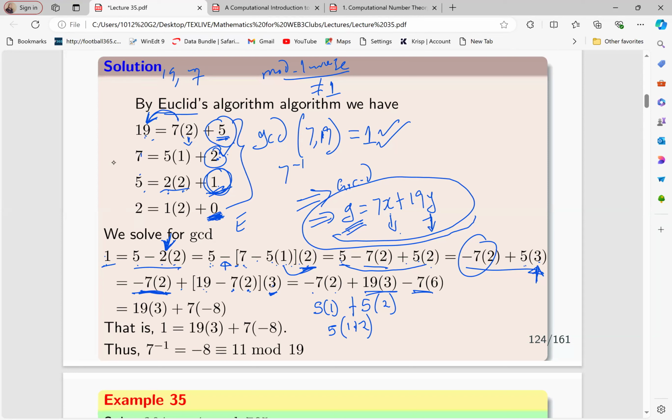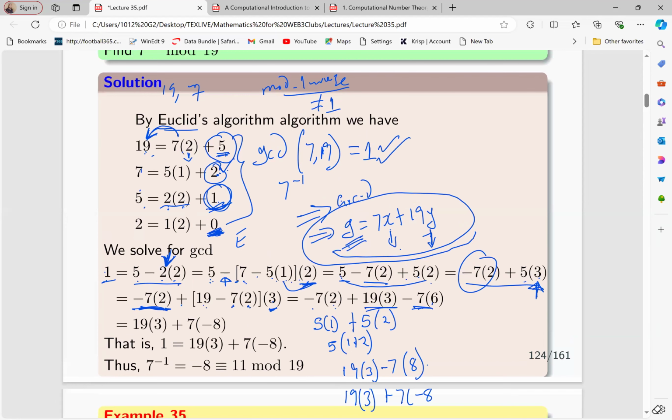You have this 7 and you have this 7, and what is inside the bracket is 2 and 6, which gives us 8. So what we get there is 19 multiplied by 3, and then negative 7 multiplied by 8. But now 7 was positive, so that means what we have is 19 multiplied by 3 plus 7 multiplied by negative 8. That is what we end up with.